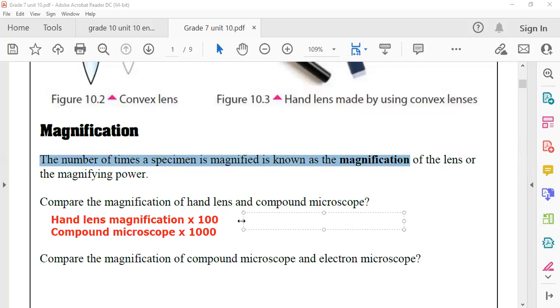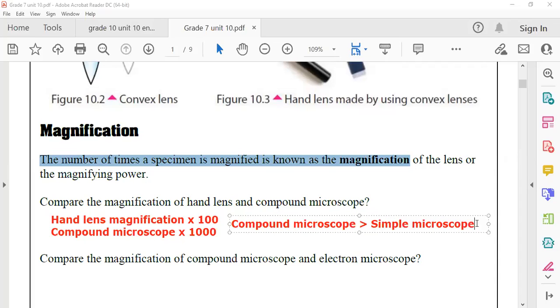If you take a hand lens and a compound microscope, whose magnification is greater? Compound microscope. So we can say compound microscope is greater than what? A simple microscope or a hand lens. You can call it simple microscope, you can call it hand lens. Understood? Yes, sir. Right. So could you please mark this one down?